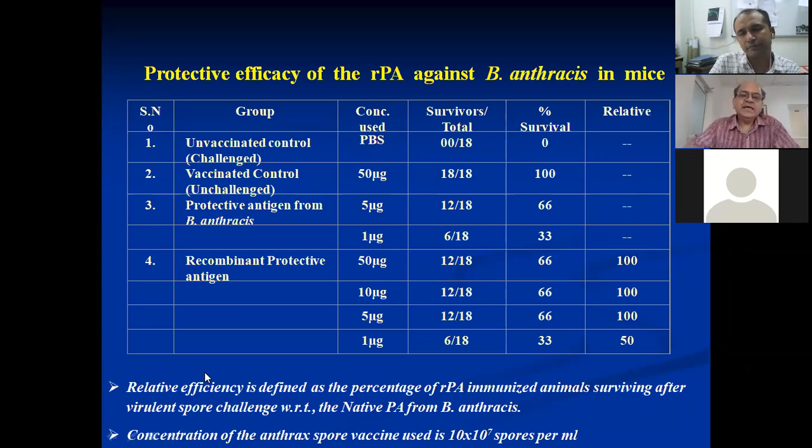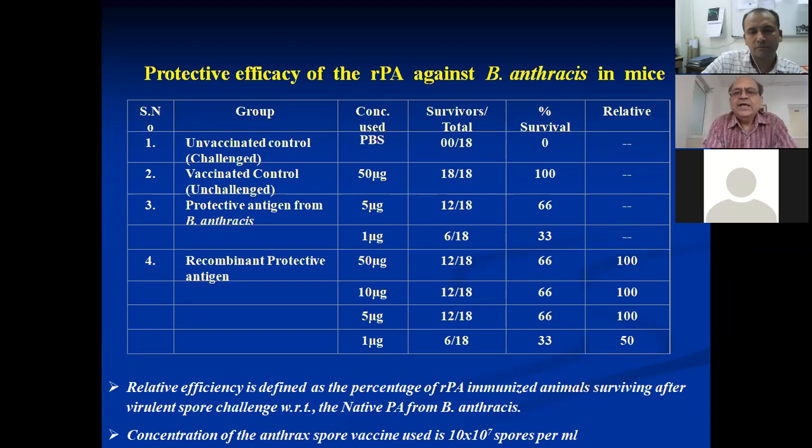Then finally, the proof lies in the eating if you want to make a good cake. So what we tried to do, we tried to see whether it is able to protect the mouse from Bacillus anthracis infection.